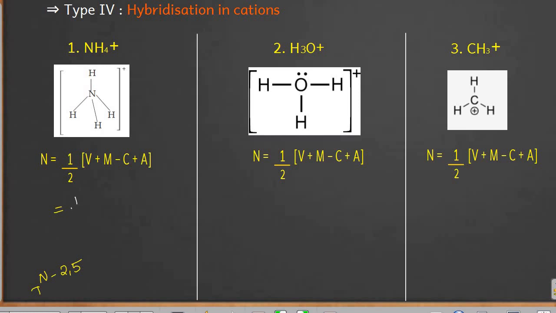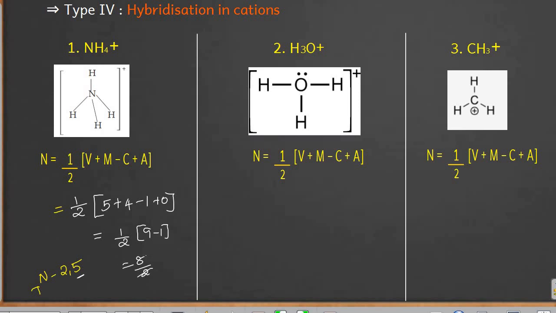Okay, so the V value is 5. There are monovalent atoms, that is 4 in number. Yes, cation is present, so minus 1. No anion, so 0. So total 1 by 2, that is 9 minus 1. We will get 8 by 2.